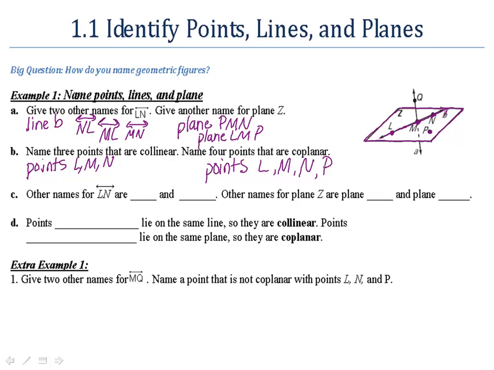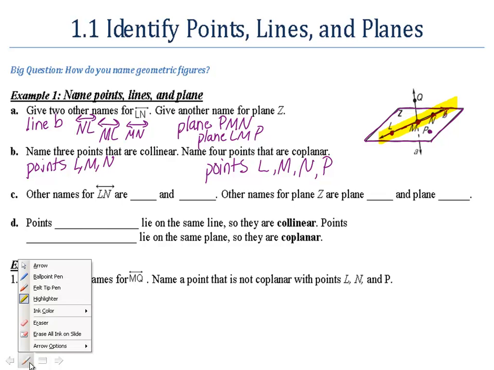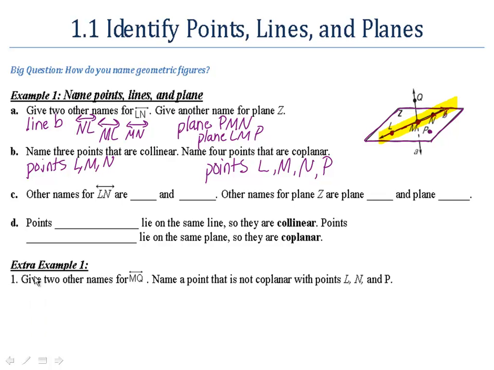C, other names for line LN are, so let's look at where our line LN is. So here's my line LN, and again, we've already talked about these ones. We said we could have line b, or we could say line NL. So there's just two options. There are others.